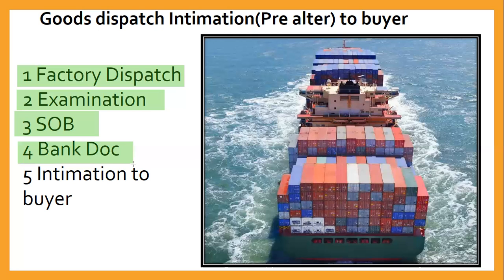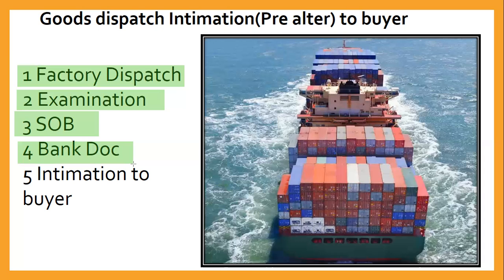After preparing the set with the bill of lading, we also need to arrange the certificate of origin in respect of certain countries. Then insurance, and then the shipping bill. These documents need to be submitted to the bank for the foreign inward remittance.